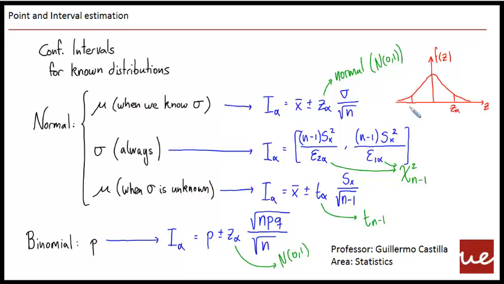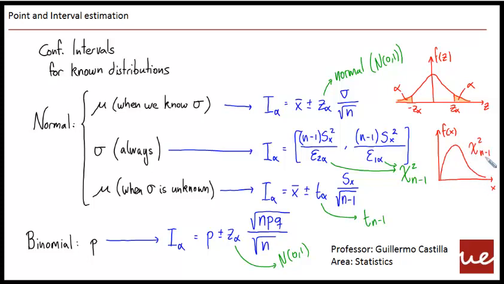All we have to do is take alpha, actually it's not really alpha, it would be alpha halves, and put alpha halves in each side of the distribution, and from there we obtain the Z sub alpha, the abscissa, for that certain percentage. It's exactly the same thing with the chi-square.